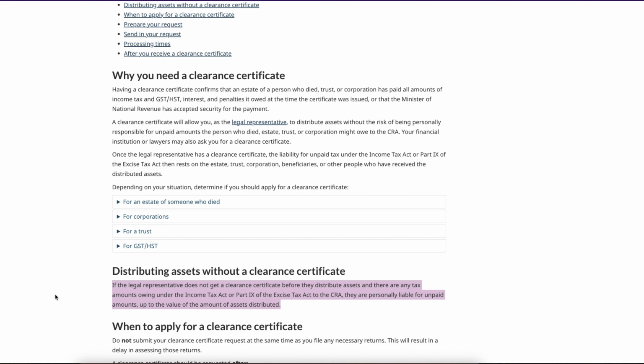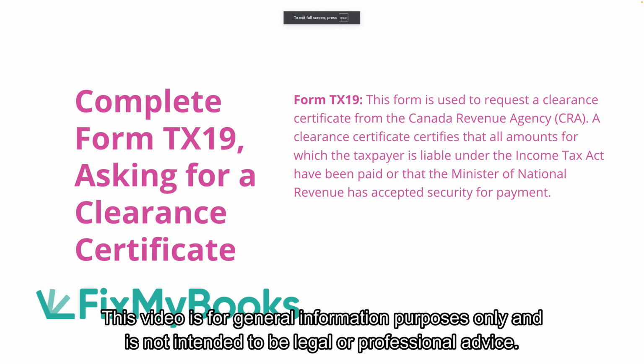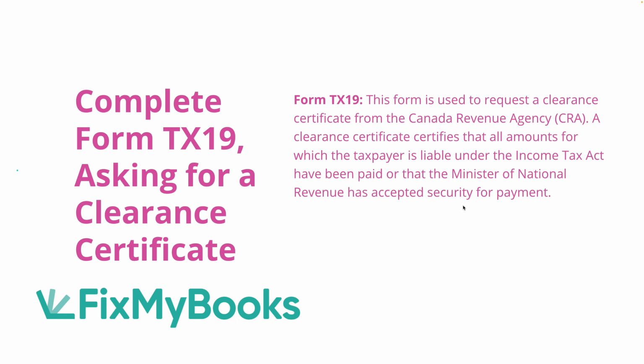If you're dealing with estates and trusts and you're the fiduciary, and you just go ahead and distribute stuff to the beneficiaries without getting a clearance certificate, you as the fiduciary are going to be in a world of pain. Sorry, I should have said earlier, not treasurer, trustee. My mind was elsewhere.